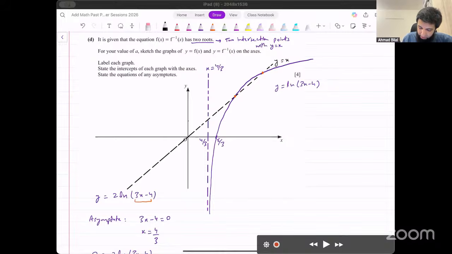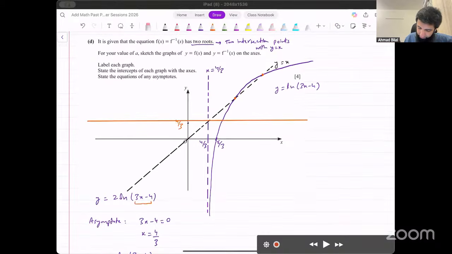Let's suppose it is here. This is 4 over 3. Let's draw this horizontal line at 4 over 3. Now, see, this asymptote is also going to intersect at y equals x because it's the same x and y value at both of those points.